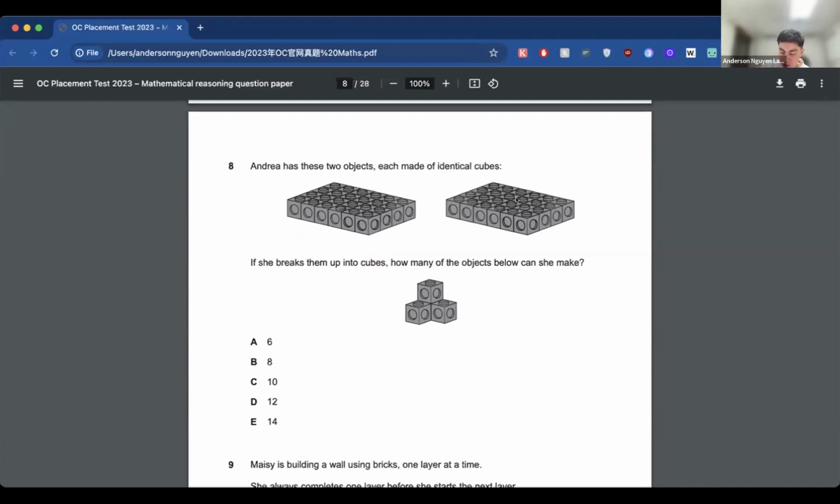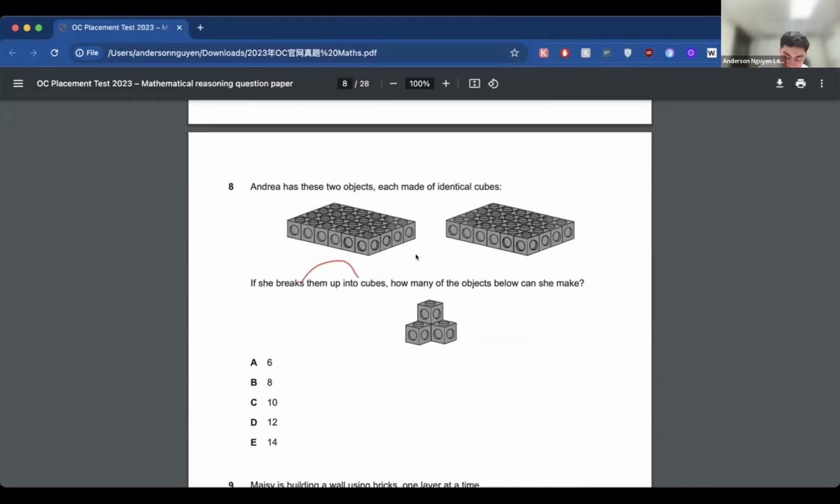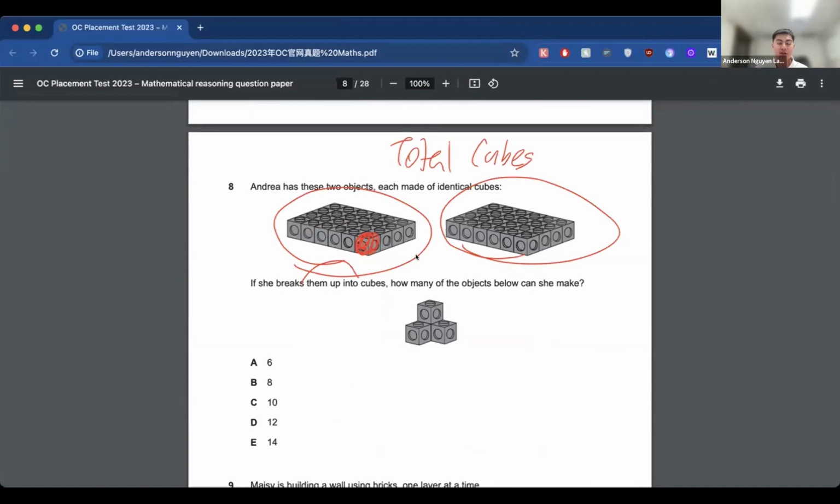So what they want you to do is take these 2 blocks, each of which has tiny little cubes, and find out the total cubes. From these total cubes, you're going to take a couple to make the shape below, which needs 1, 2, 3. But the shape sitting at the top is sitting on a hidden block behind it.